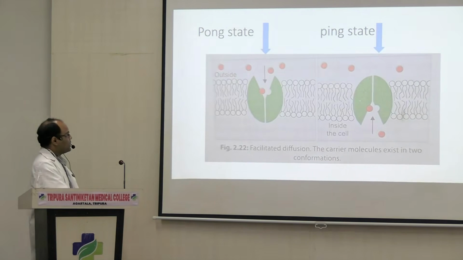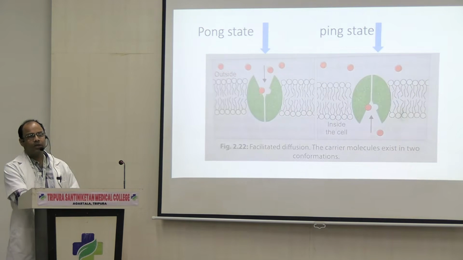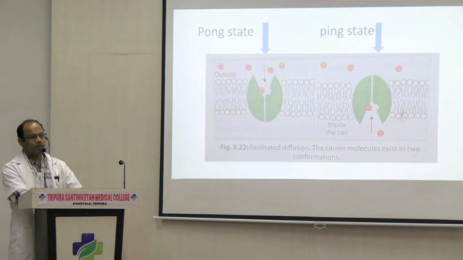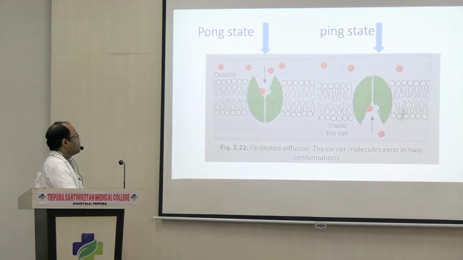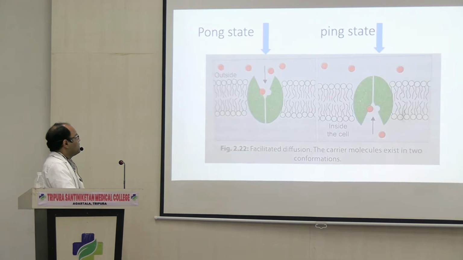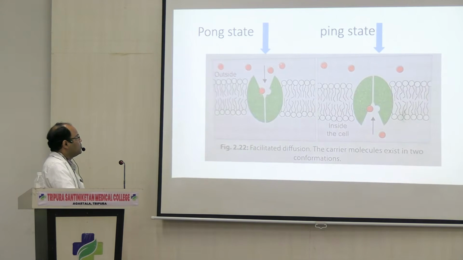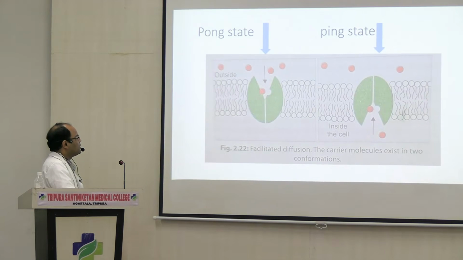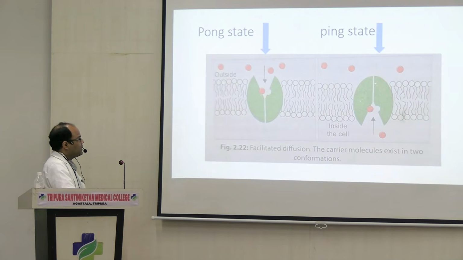This one is a very important mechanism. They may ask in the exam, even as a short note, the ping pong mechanism. What is the ping pong mechanism? For example, this is a transport protein embedded in the cell membrane. In the pong state, here you can see some solutes. When they attach to this protein, it undergoes a conformational change and achieves this state.